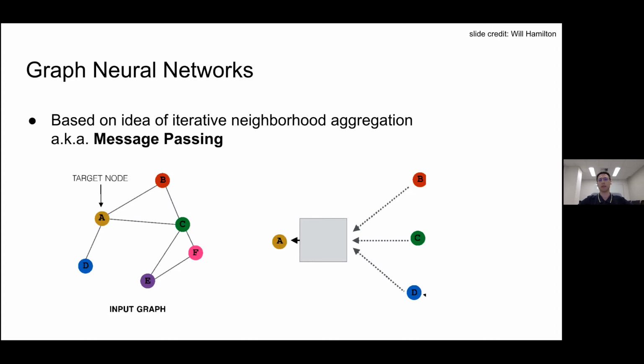As we see on the right side of the slide here, the representation of A is updated by ingesting the representation of its neighbors in the original graph, processing them in some way, and then using that neighborhood aggregated information to update the representation of the node. And this happens in parallel for all nodes in the graph. We can stack or layer this type of updates several times. As I said, this happens in parallel for all nodes, so those are also being updated.